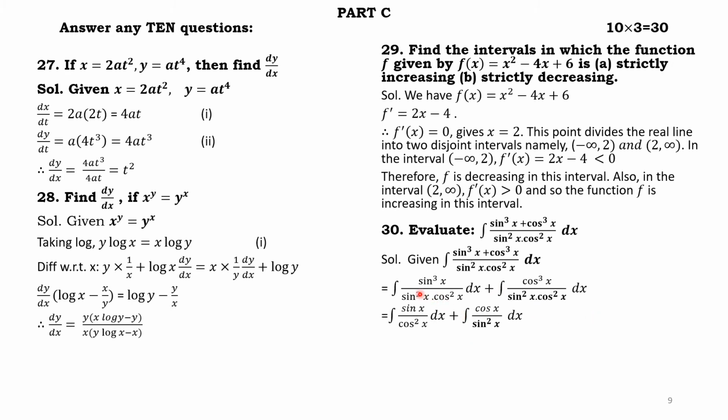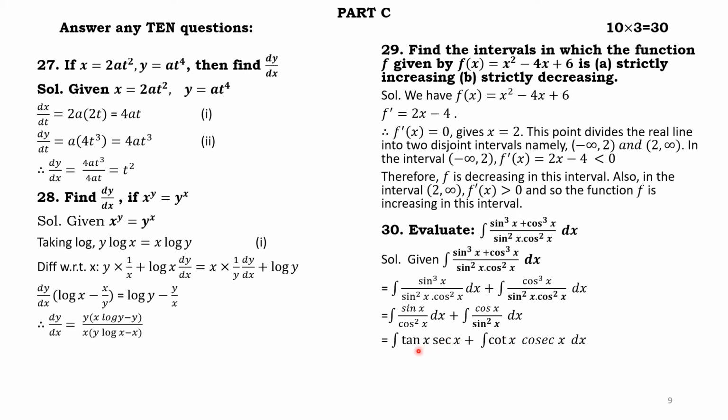Therefore, sin squared x gets cancelled with the cube and sin x remains, and cos squared x is as it is, dx, plus cos squared x in the denominator gets cancelled with cos squared x in the numerator and only cos x remains, cos x by sin squared x dx.